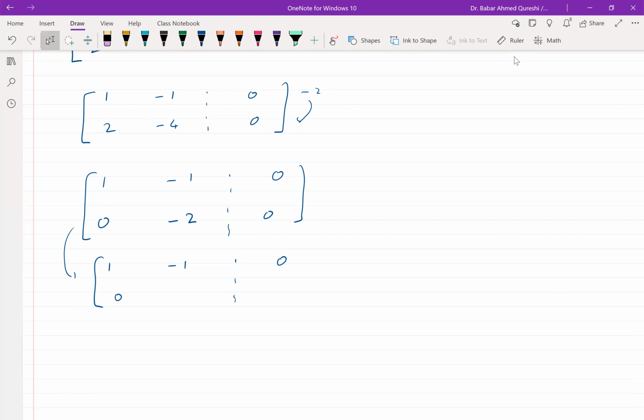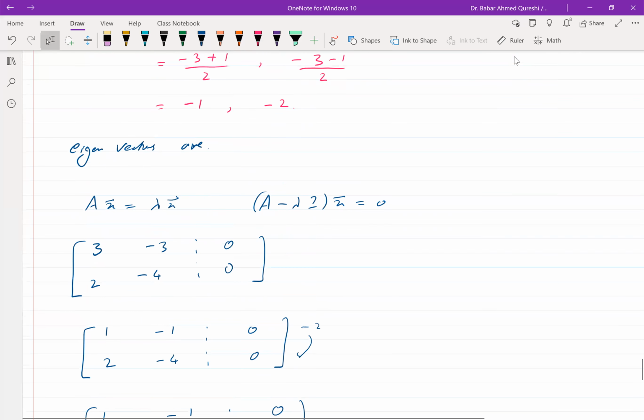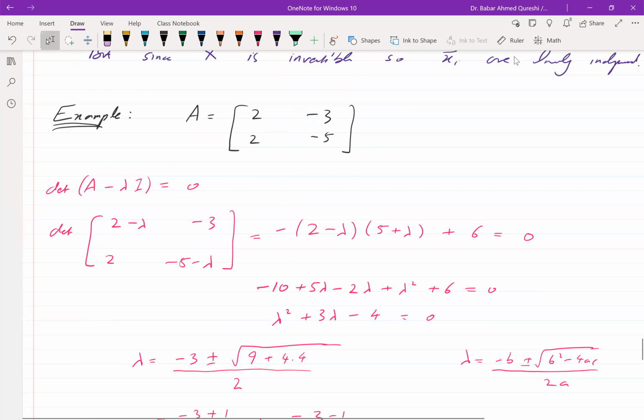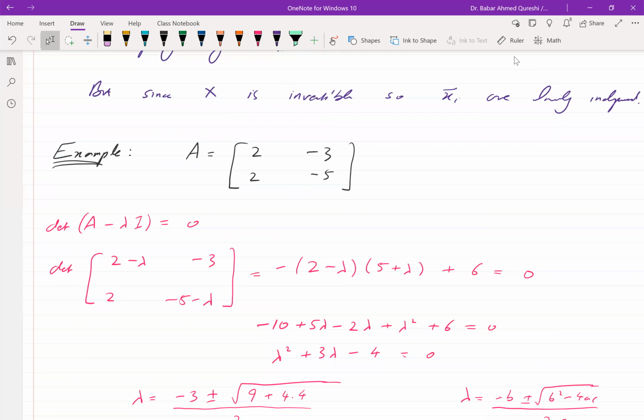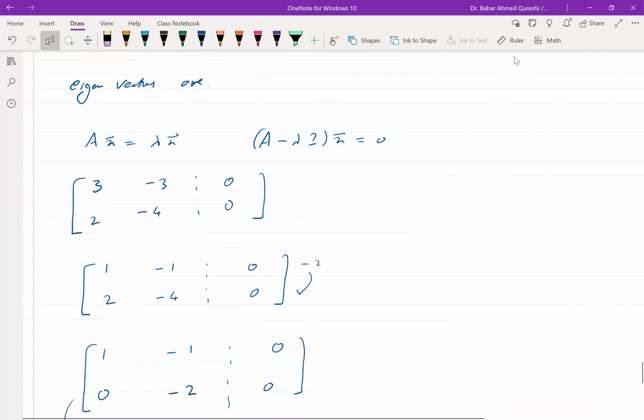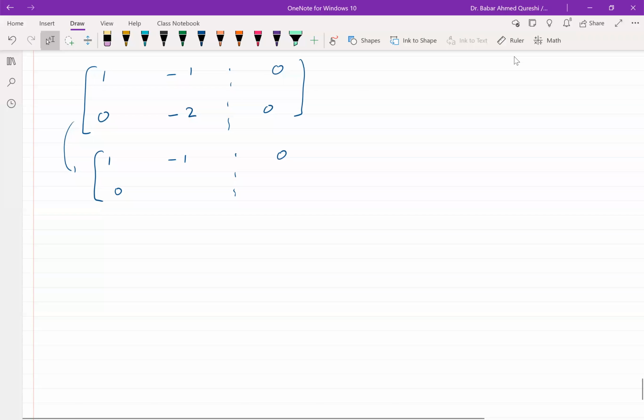Wait, I think there was a mistake in finding the eigenvalues, because see, this is giving us something inconsistent.